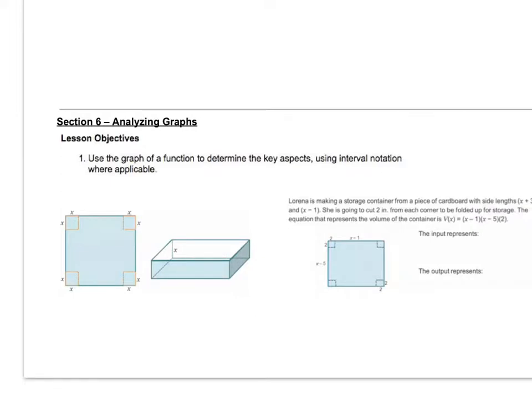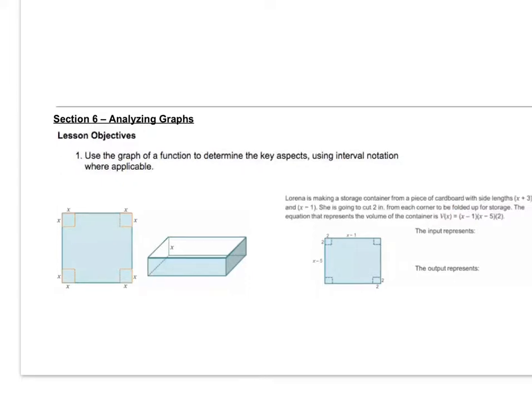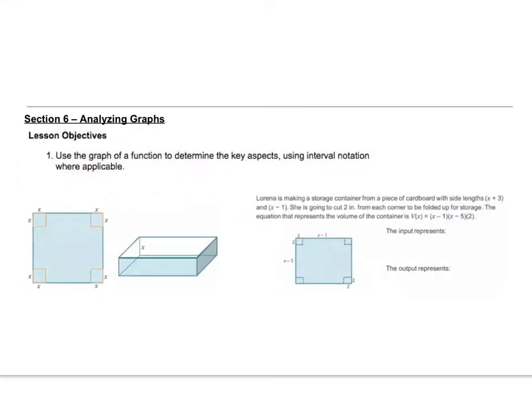Lorena is making a storage container from a piece of cardboard with side lengths of x plus 3 and x minus 1. She is going to cut 2 inches from each corner to be folded up for storage. The equation that represents the volume of the container is x minus 1, x minus 5, and then 2. And this should be changed to x minus 5.